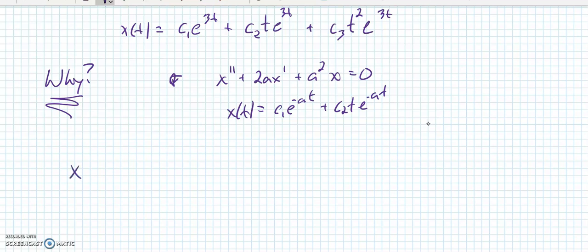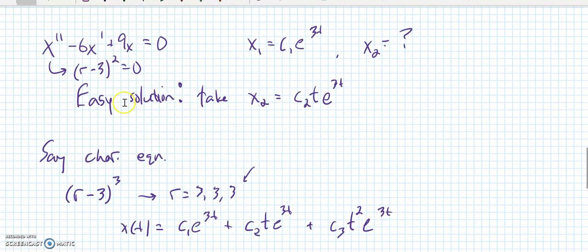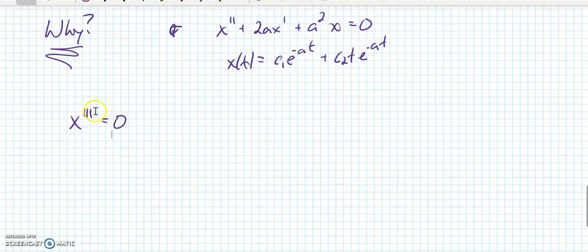Say I had x triple prime equals 0, right? So it is a linear third order differential equation, but all the terms below the triple prime just have 0 as their coefficients. You can solve this directly with calculus 1, right? With calc AB.